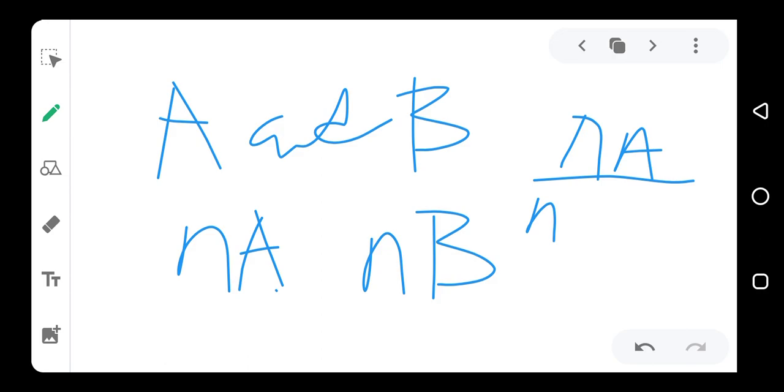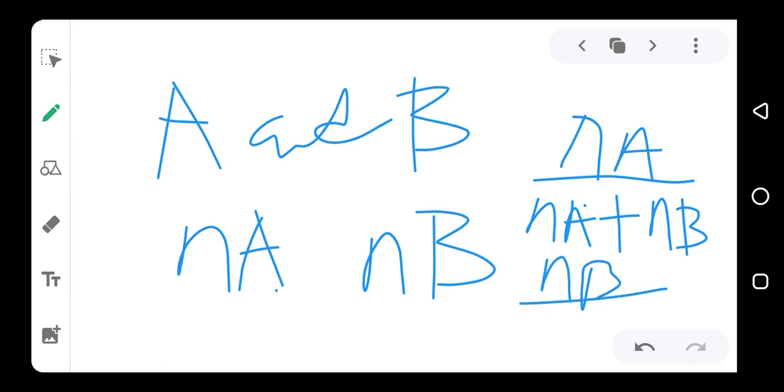Then the mole fraction of gas B is Nb over Na plus Nb.